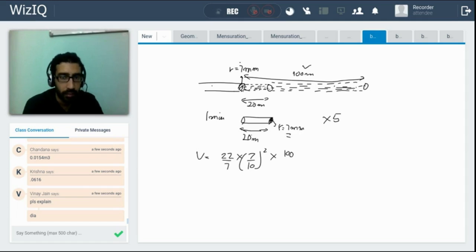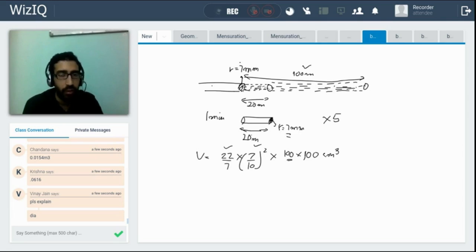100 meters in centimeters: 1 meter is 100 centimeters. So pi into r square into 100 meters, which is 100 into 100 centimeters. So everything has been converted to centimeter.